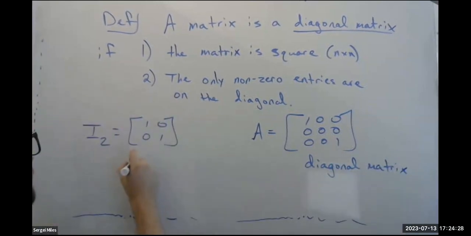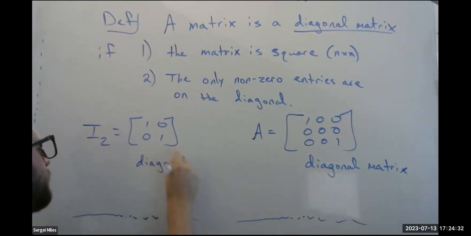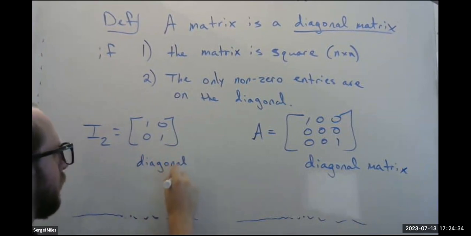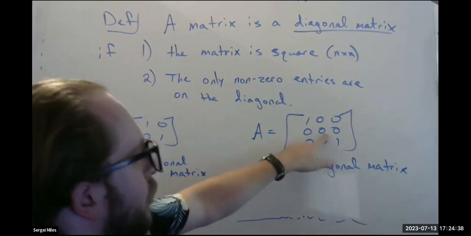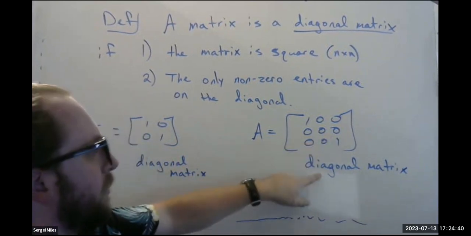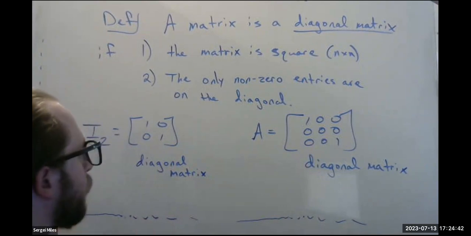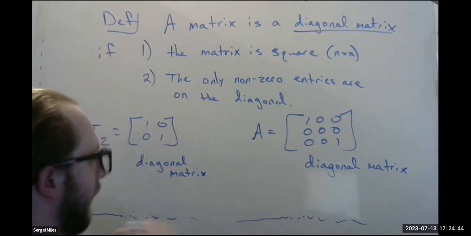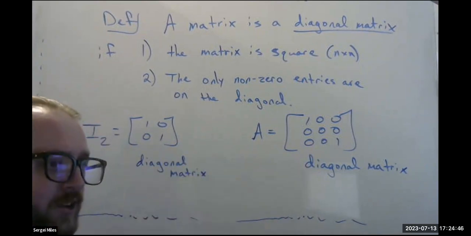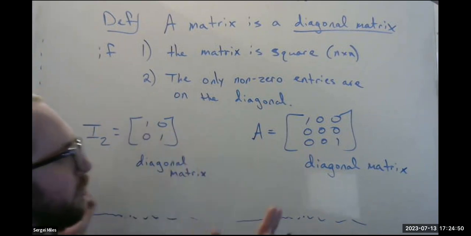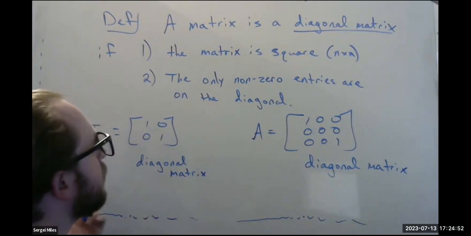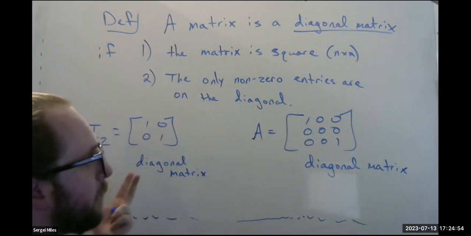So there's nothing about being a diagonal matrix that says you can't have zeros on the diagonal, right? It's okay to have a 0 on the diagonal, and this is still a diagonal matrix. The only requirement is that everywhere besides the diagonal is 0. What happens on the diagonal? Well, who knows? It could be anything non-zero, or it could be 0.